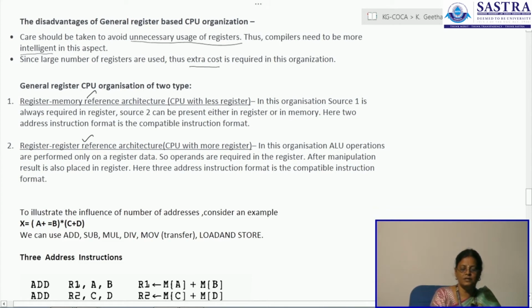So that means source 1 is required to be a register, and source 2 can be a register or it can be a memory. One of the operands is expected to be in memory. So in that case, source 1 will always be expected in a register, and source 2 either can be in a register or can be in memory.